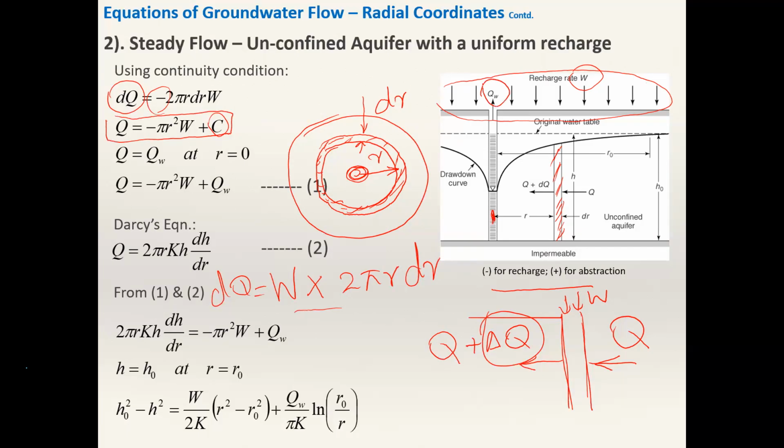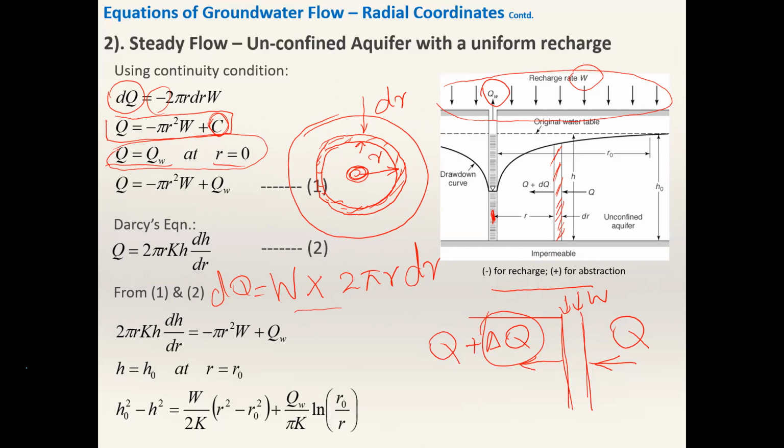That is the flow rate at the pumping well, the flow rate that you are pumping water out in this case. So that is our first boundary condition. When r is equal to 0, Q is equal to Qw. So we substitute it to remove the constant C. We find out C by applying this boundary condition.